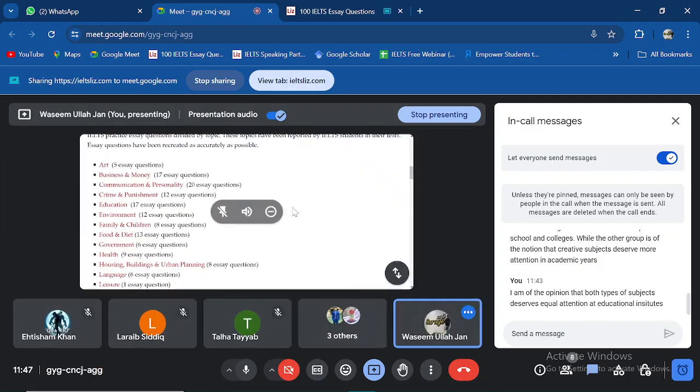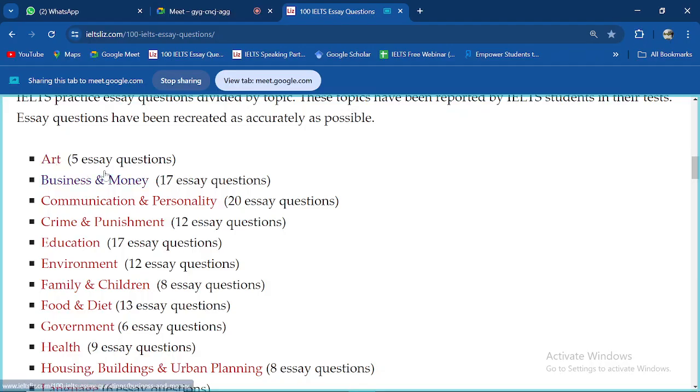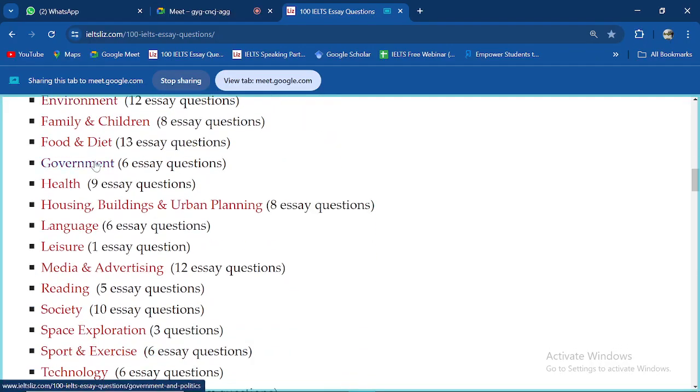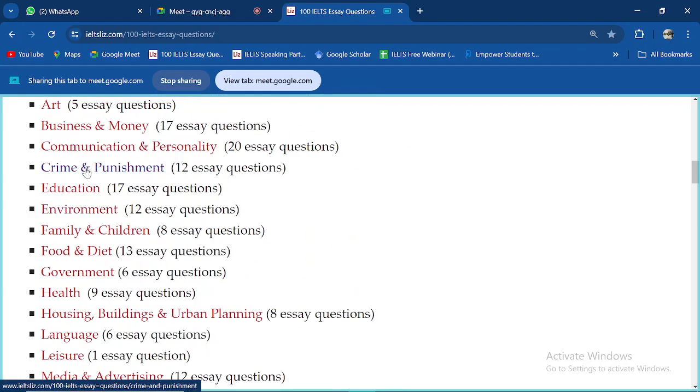Screen visible again? Right, so if you can see, arts, business, communication, crime punishment, education, family, etc., etc. ये देखें कितने topics हैं. There are 22 different categories.